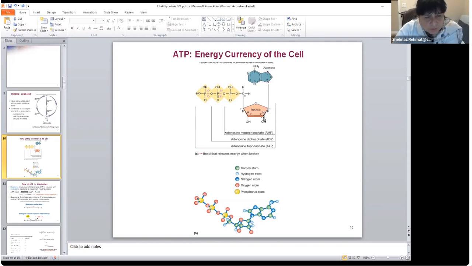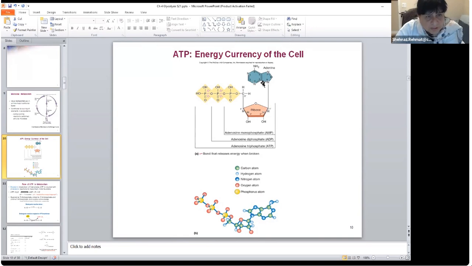We will call it a nucleoside. And when the phosphates are attached to it, we will call it a nucleotide. So ATP is a nucleotide, but adenine and ribose, this nitrogenous base and a 5-carbon sugar ribose, compose together a nucleoside. Please remember the terminology.